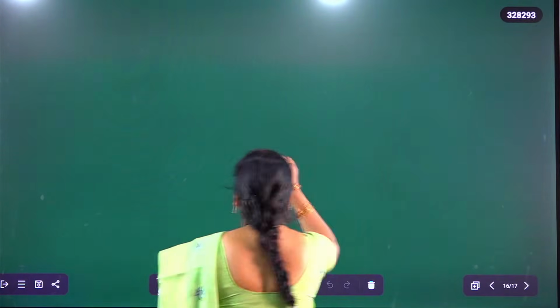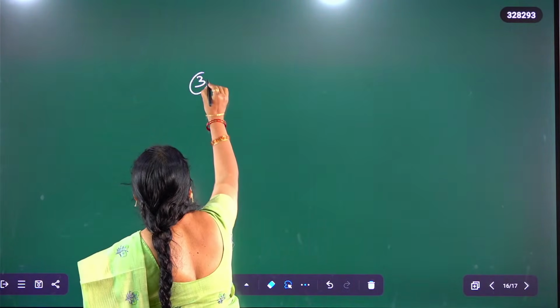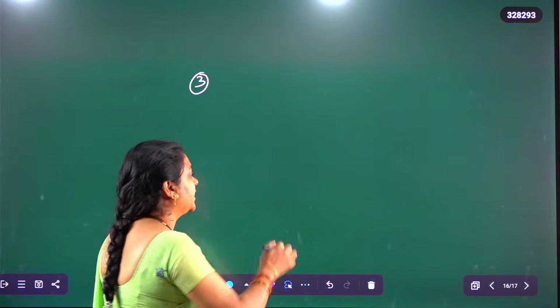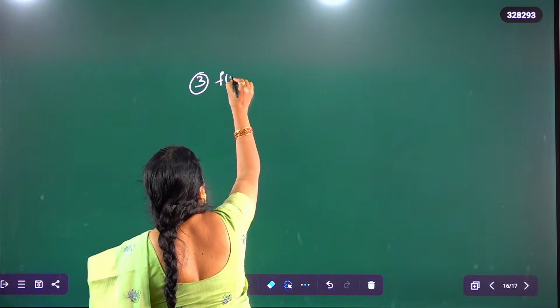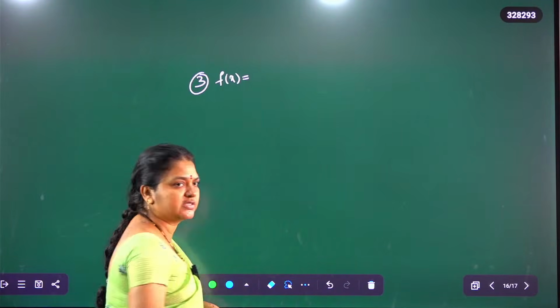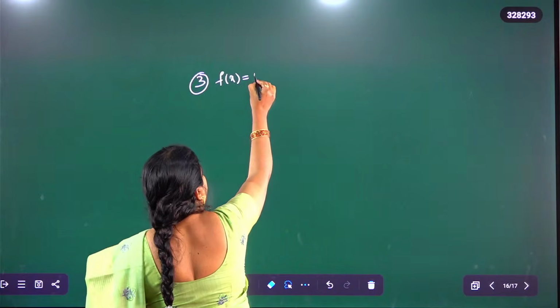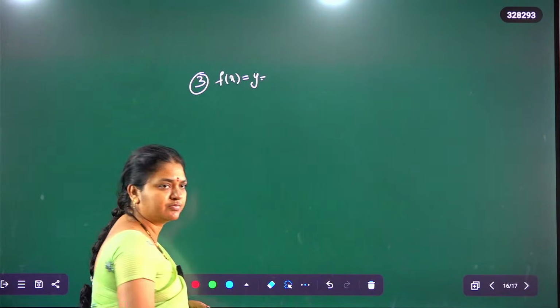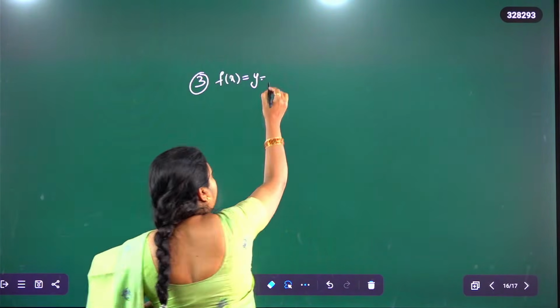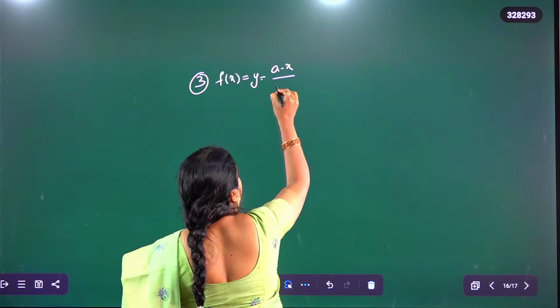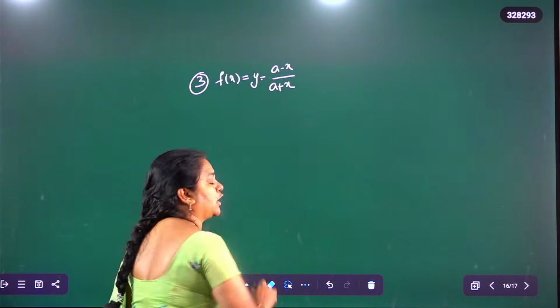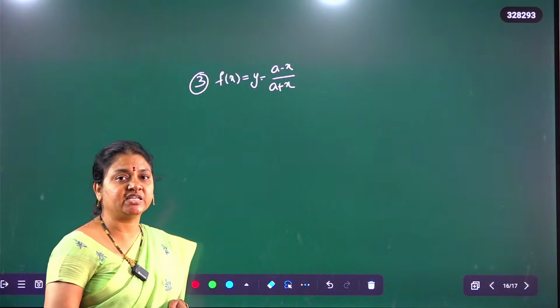Third, what will I take here? F of x, or we say y, okay, no problem, is equal to a minus x by a plus x. Now we will find the derivative.